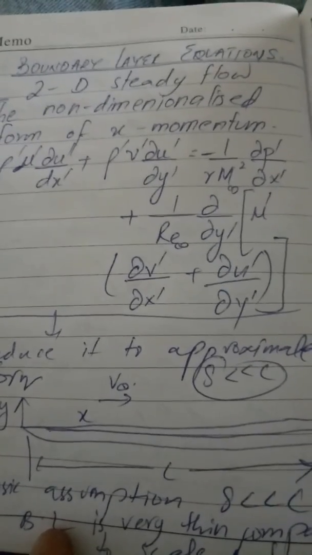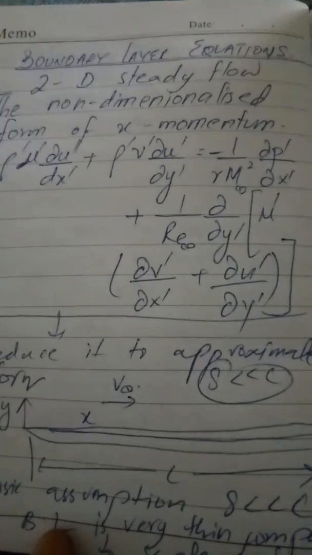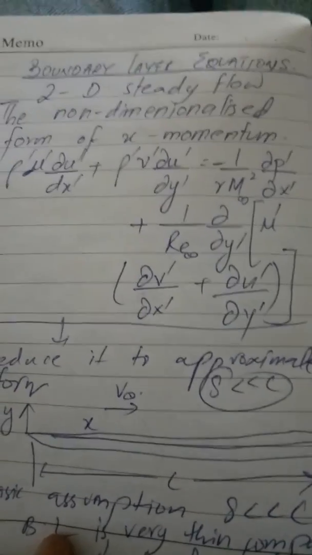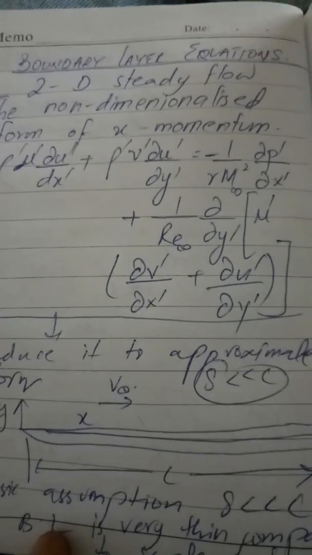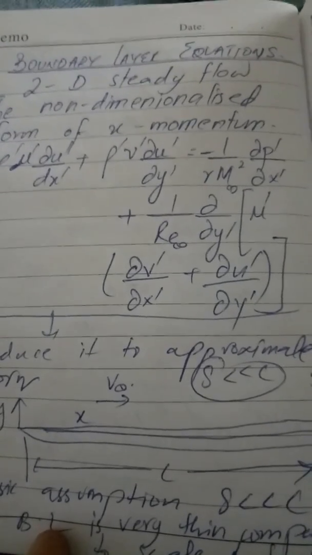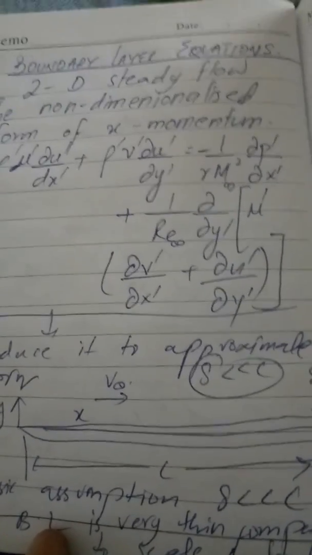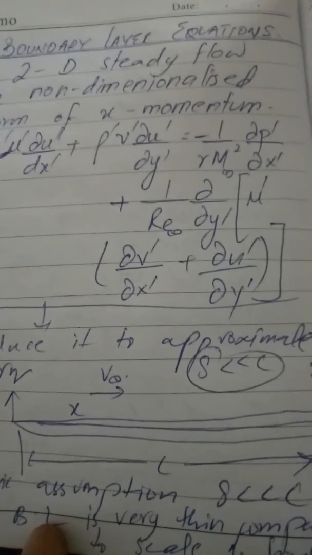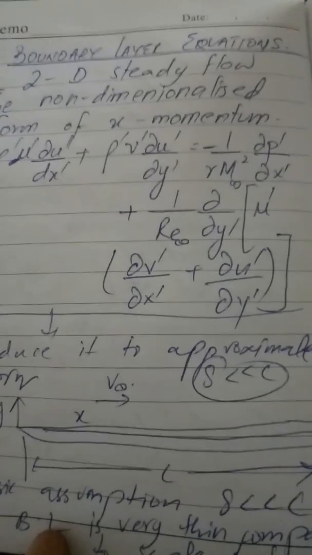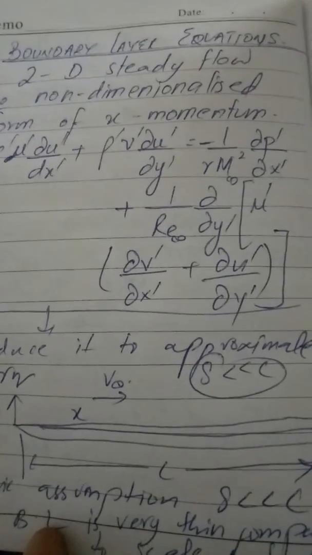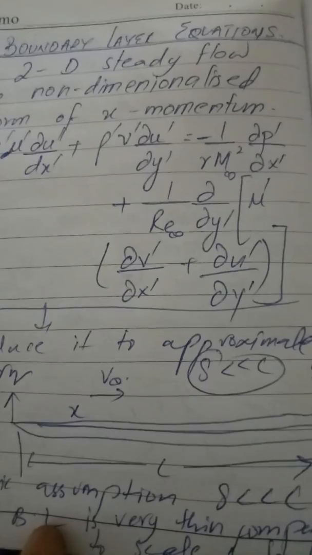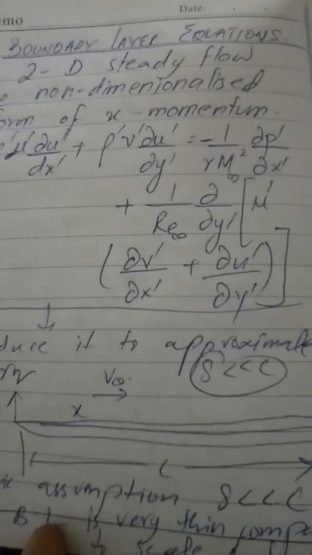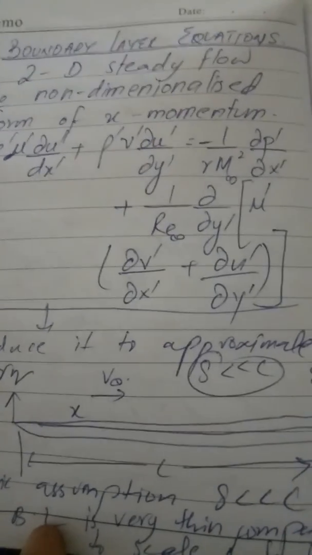This is equal to minus 1 over gamma M infinity squared times the derivative of p prime with respect to x prime, plus 1 over the Reynolds number R infinity times the derivative with respect to y prime of mu prime times the derivative of u prime, and again taking the derivatives in terms of x and y of v and u as well.